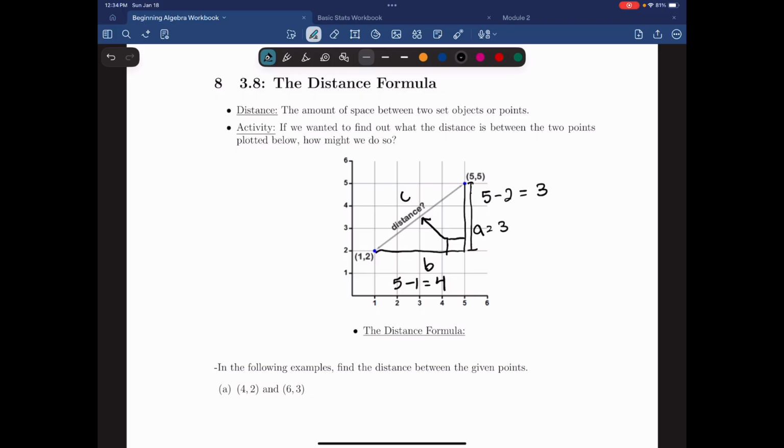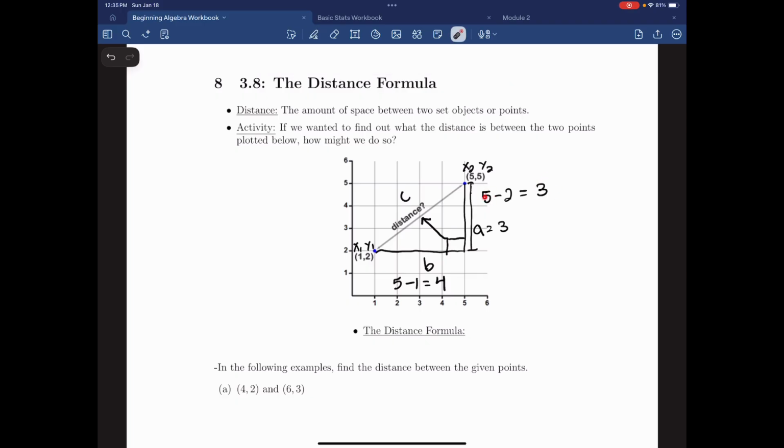Now, how do we actually make this into a formula, though? That's the question. Well, to make this into a formula, think about it like this. Down here, this is x1, and this is y1. Up here, this is x2, and this is y2. So how did we find this value here?